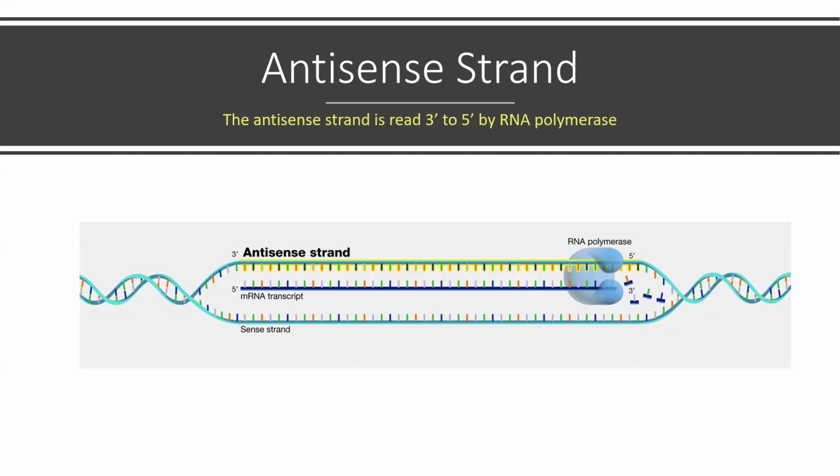When you make that replication fork or that transcription bubble, the antisense strand is going to be read in that 3' to 5' direction. This is the same way that all the polymerases read the old strand. The old strand is oriented 3' to 5', and then the new strand is going to be added 5' to 3'. It's important that you understand that distinction.